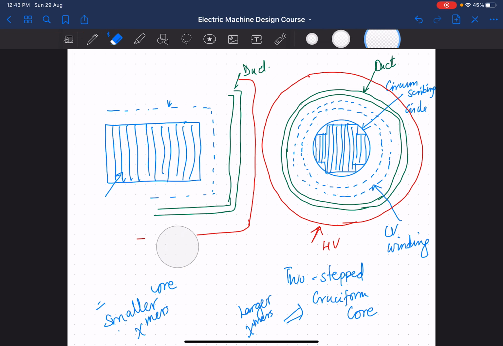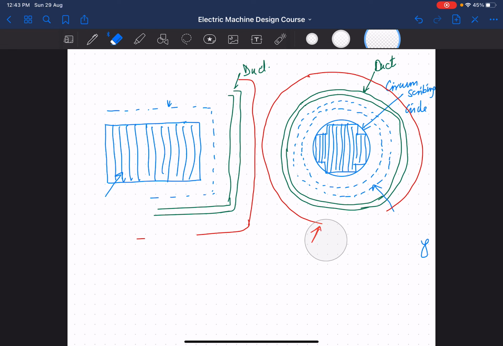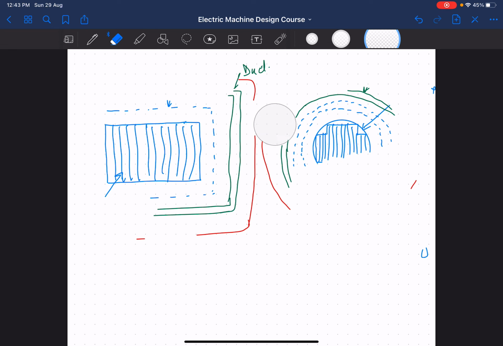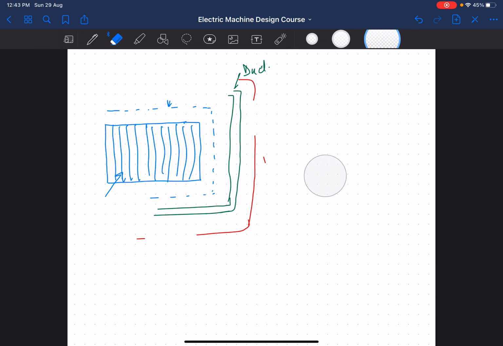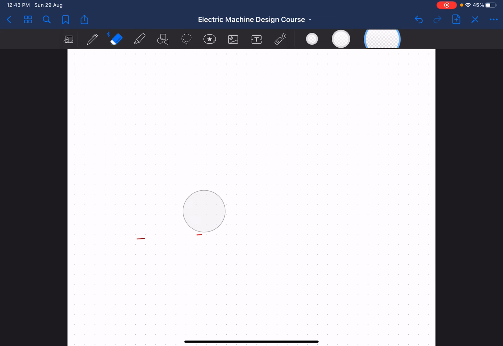Next, we move to the construction of the core and how this core is actually constructed. Core construction.